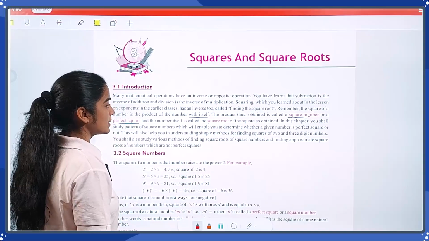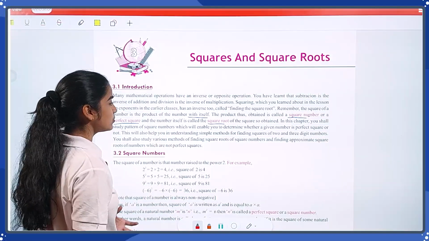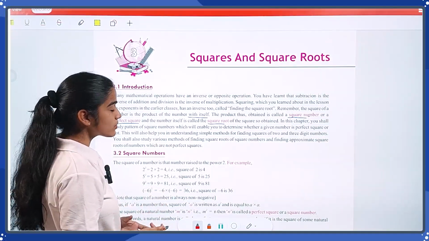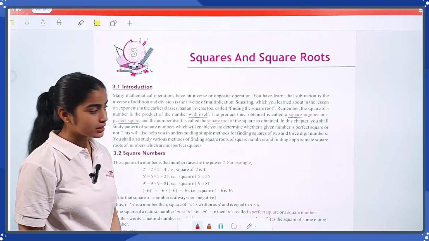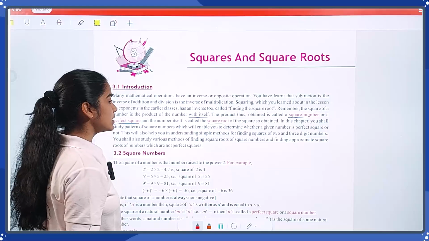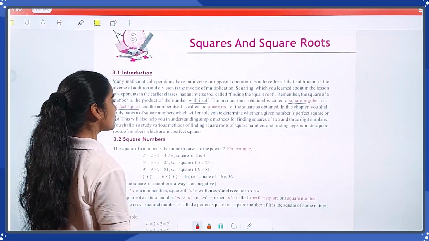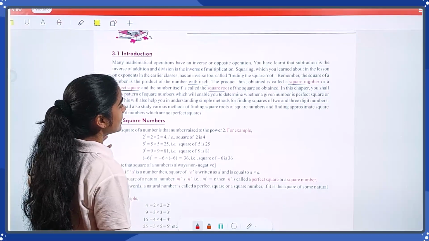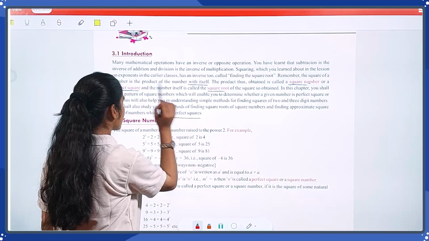In this chapter, you will study a pattern of square numbers which will enable you to determine whether a given number is a perfect square or not. This will also help you understand simple methods for finding squares of 2 and 3 digit numbers. You will also study various methods of finding square roots of square numbers, and finding approximate square roots of numbers which are not perfect squares.